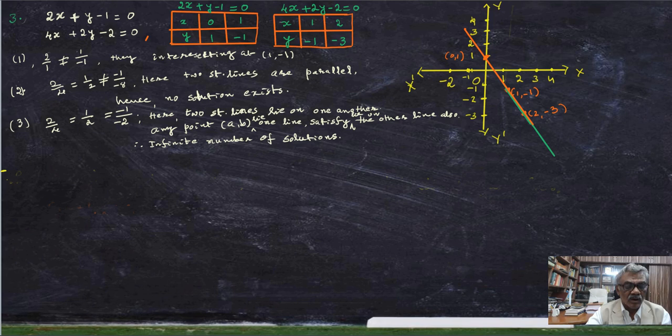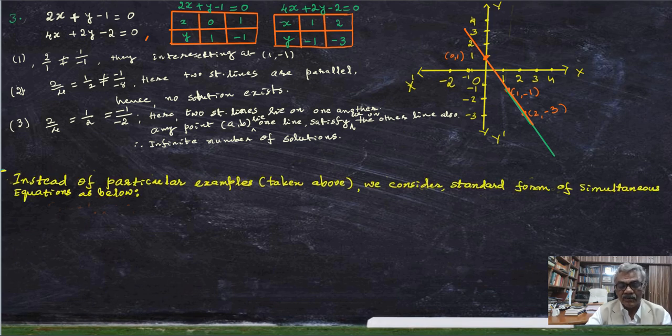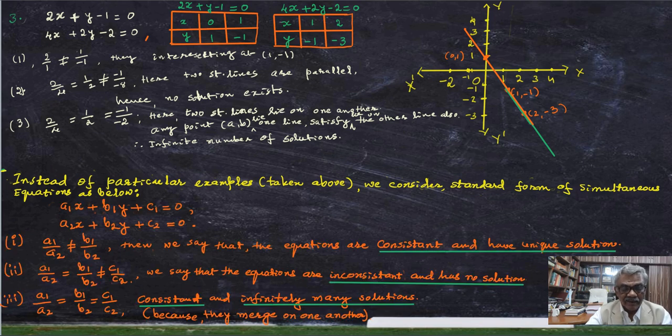Therefore, instead of the particular examples 1, 2, 3 taken above, we consider the standard form of simultaneous equations, and depending on the ratios, we are going to classify a pair of linear equations in two variables, which we would like to write down here.